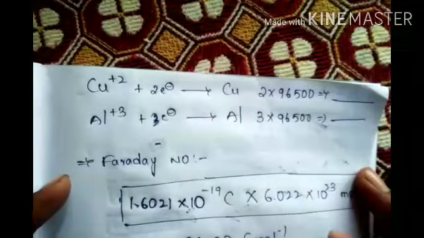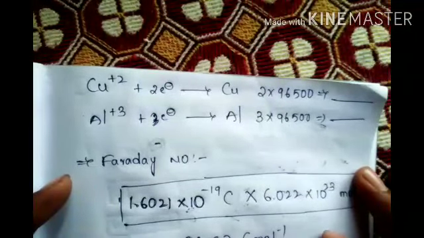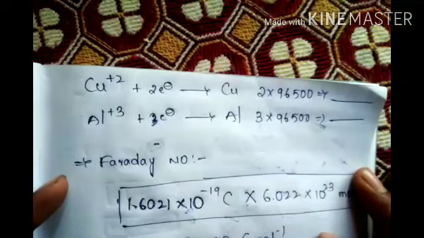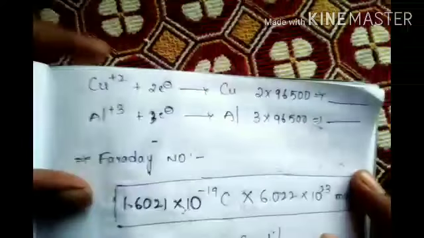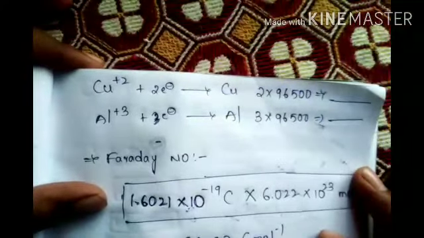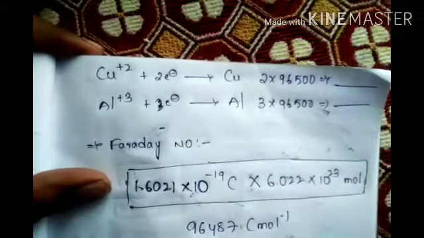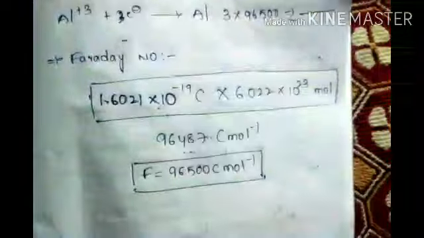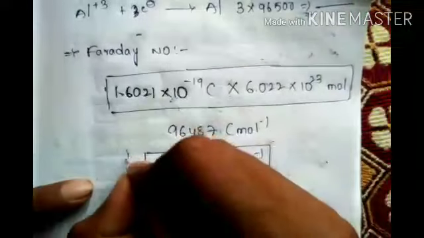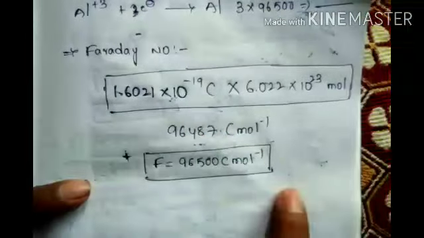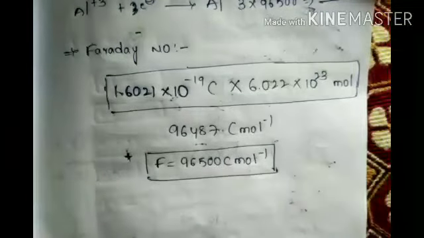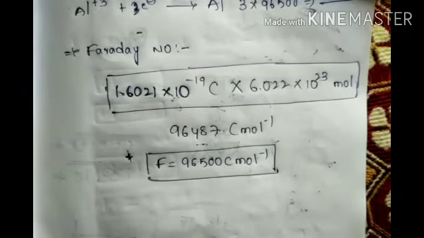Faraday gave a constant number, Faraday's constant F equals 96500 coulombs per mole. This is Faraday's number. Very important number. Now hereafter problems will begin based on this. 1 Faraday equals 96500.